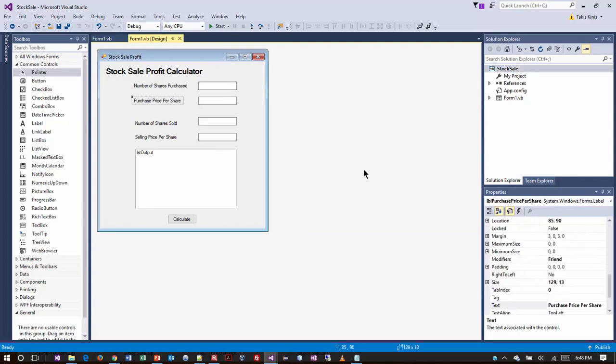Right below that, I have purchase price per share. And then the label is purchase price per share. The text box next to it is just the same thing, txt, purchase price per share. And then I have number of shares sold.